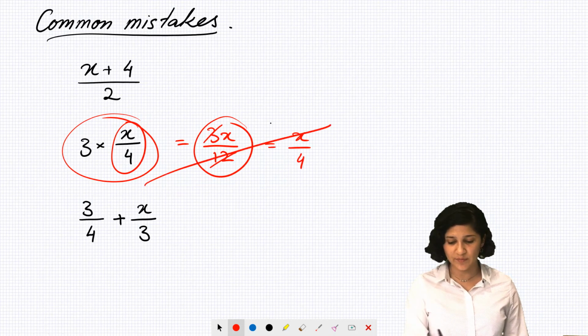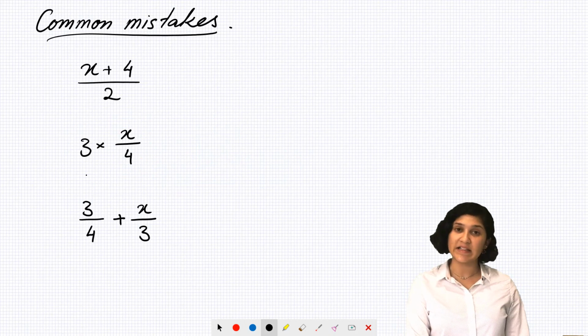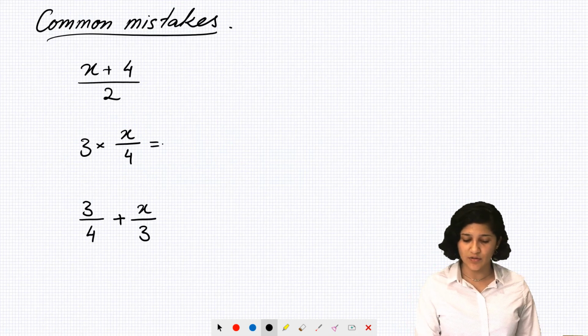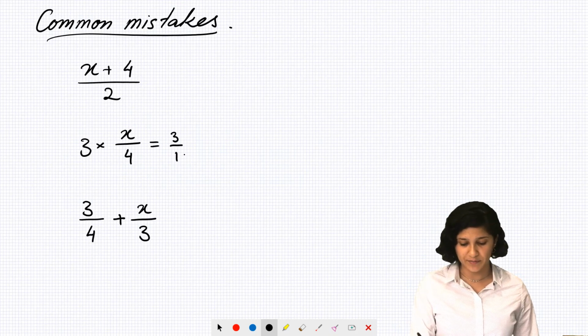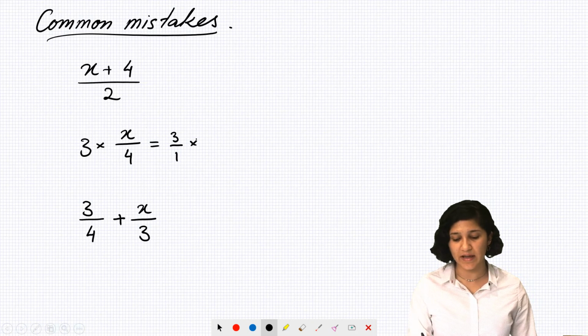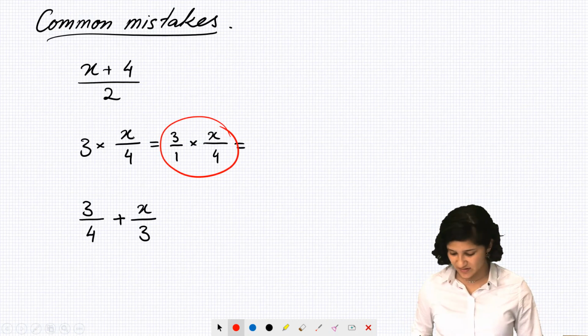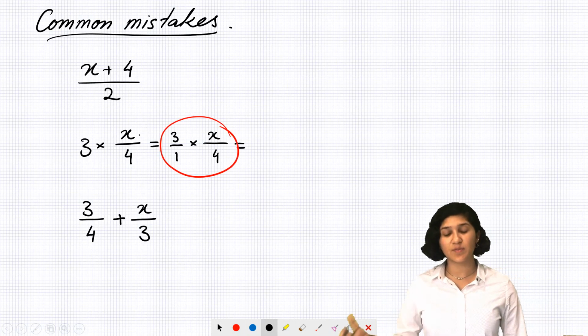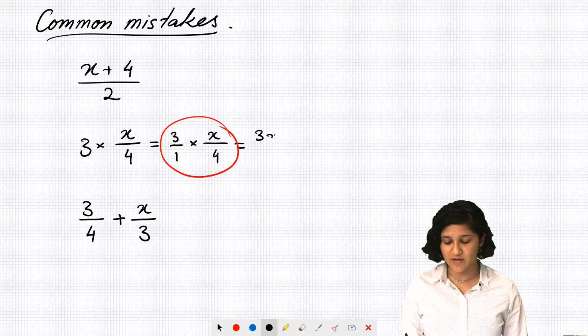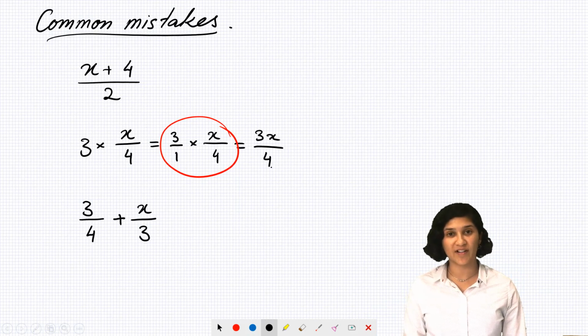So that doesn't work. What I need to do is realize that this 3 is equal to 3 over 1. And so when I multiply, I only multiply the numerator. So you can skip this step if you want, but remember that you just multiply the numerator. So it's just 3x over 4.